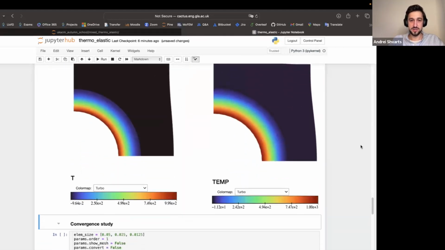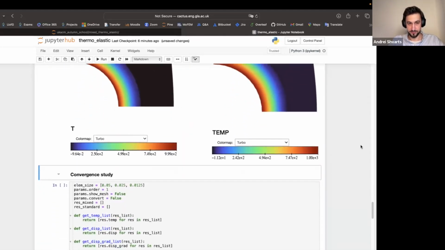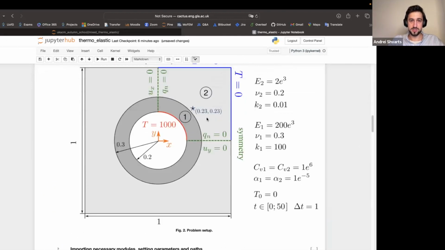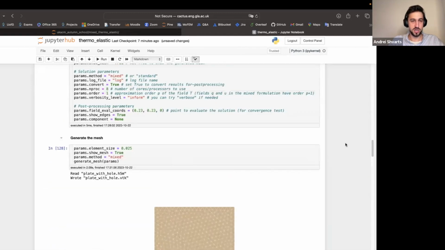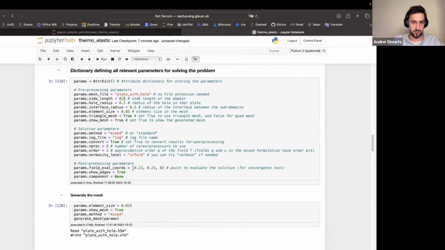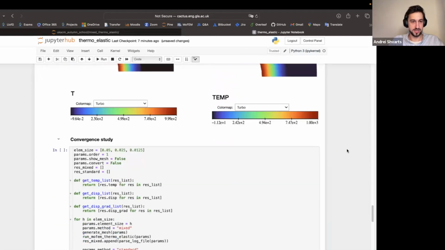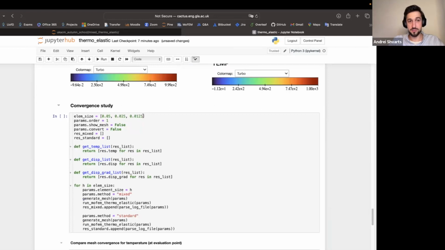To understand this better, we're going to do now the convergence study. So remember, there was a point of interest that we defined over here, very close to the interface between the domains, and you can change this point where we're going to be evaluating the results if you want. But here we just selected that point, and we're going to consider three meshes.